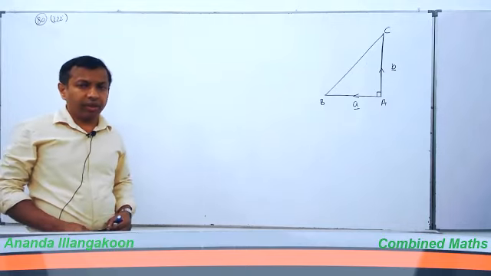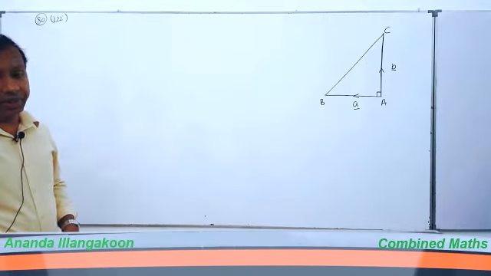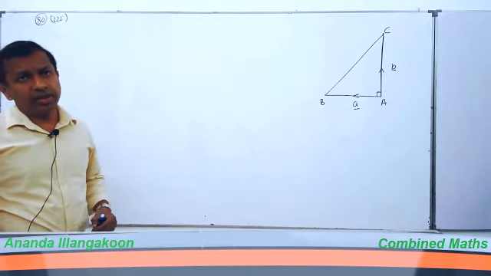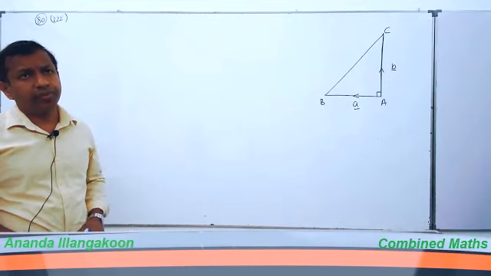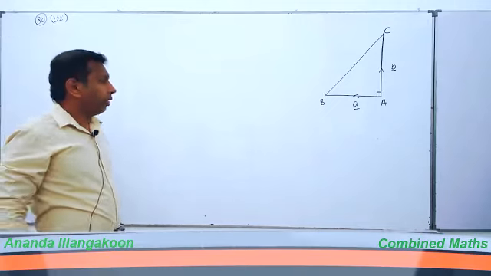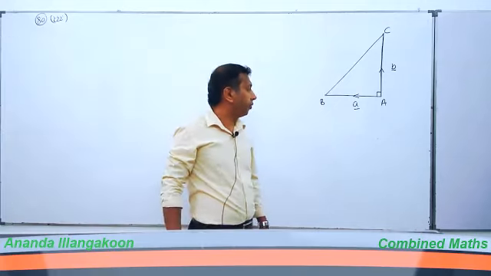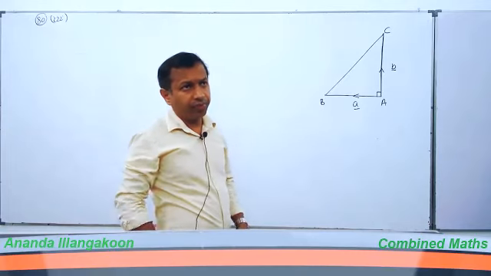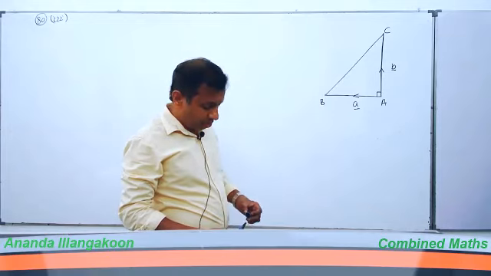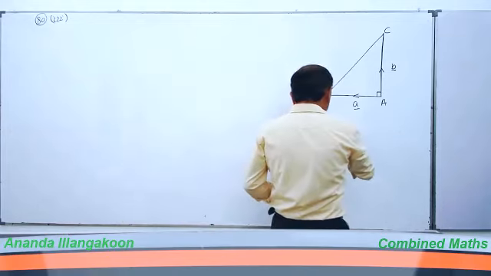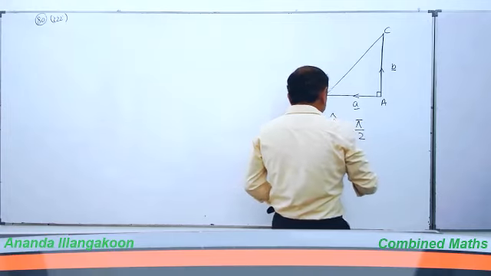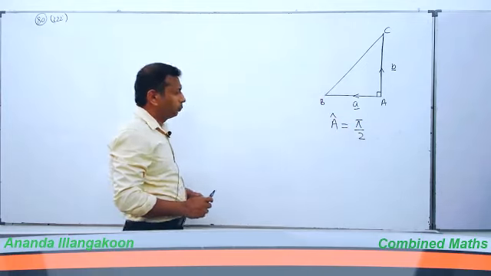Let the right angled triangle ABC, capital ABC, with angle A equal to pi by 2.